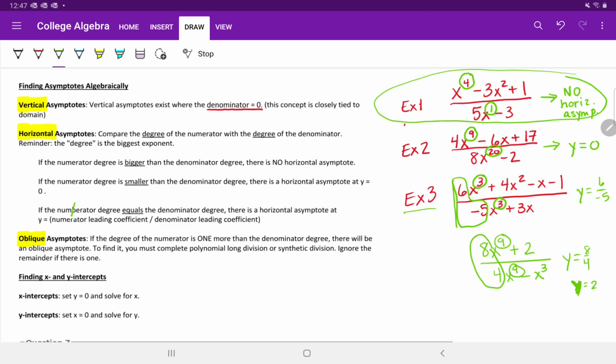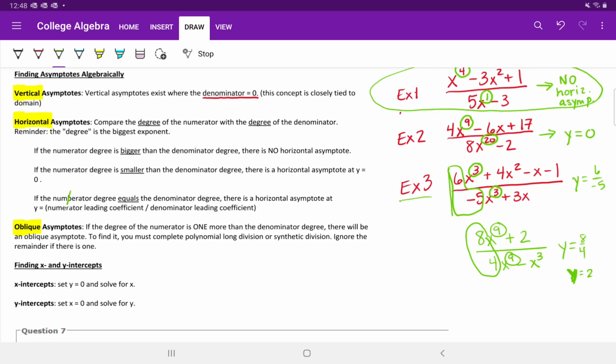It's a 4 and a 1. If we had a 4 and a 3, then we'd be in business. So this example has no oblique asymptote. In fact, none of examples 1, 2, and 3 have oblique asymptotes, because the top exponent is not 1 bigger than the bottom exponent.